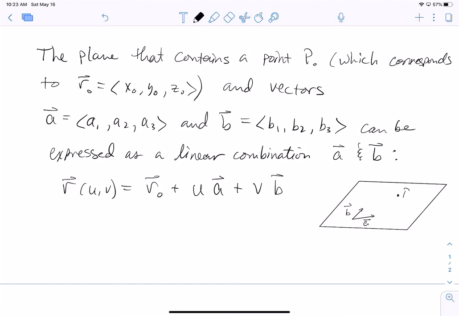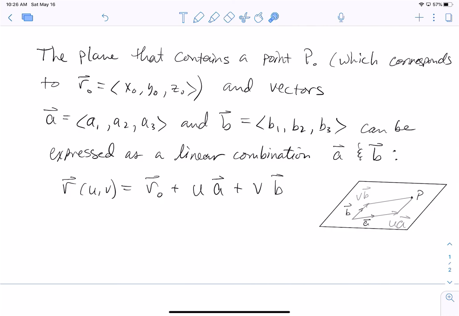So for any point P on the plane, we can find vectors that are a multiple of a, and so ua, and a multiple of b, and so vb, such that when I add those together, using the parallelogram law, I can achieve the desired point.